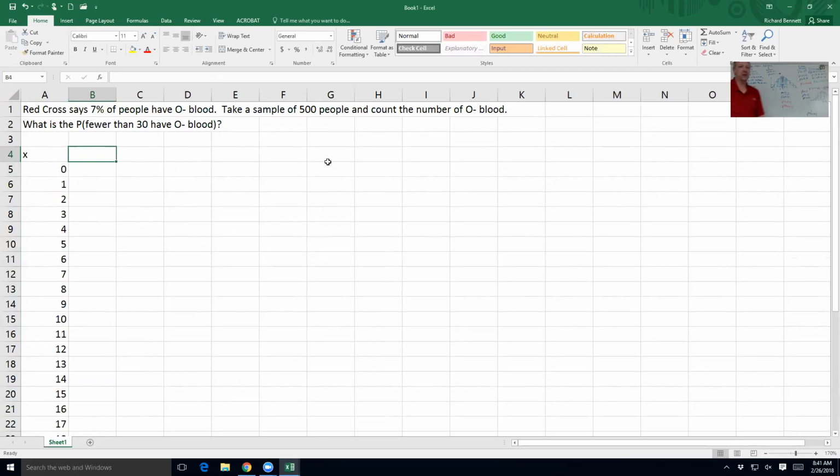I'm going to make some columns here. I need my combinations, my p to the x, and my q to the n minus x. I'm using a computer. Can you imagine doing this by hand? What's the formula for the combinations?